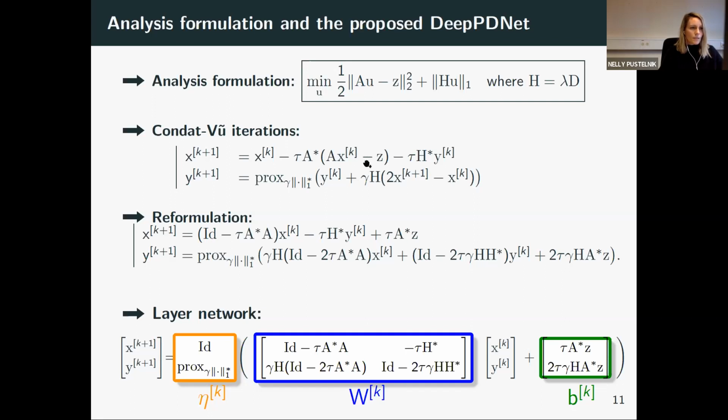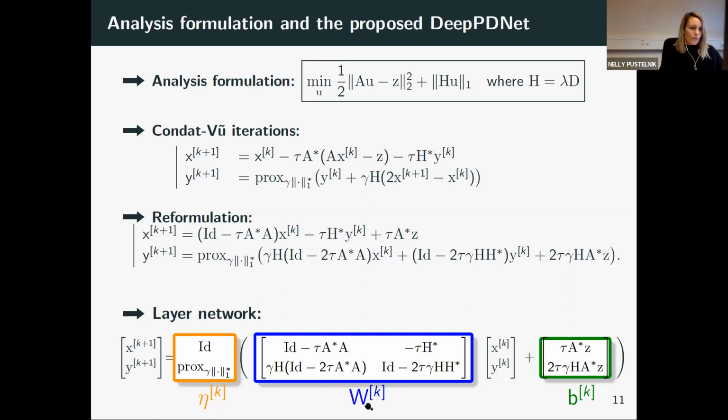You proceed similarly on this side by replacing x_{k+1} into this term, and so you put this expression into that, and you see that once again you can gather all the terms which are multiplied by x_k here, the same for y_k here.